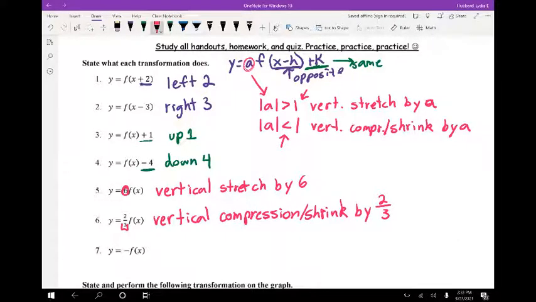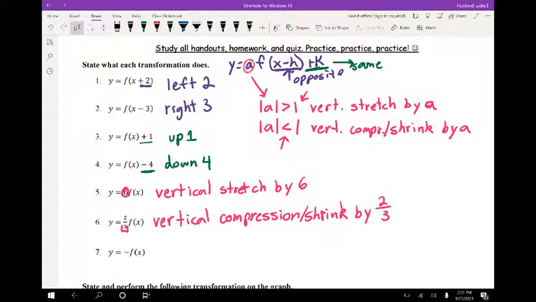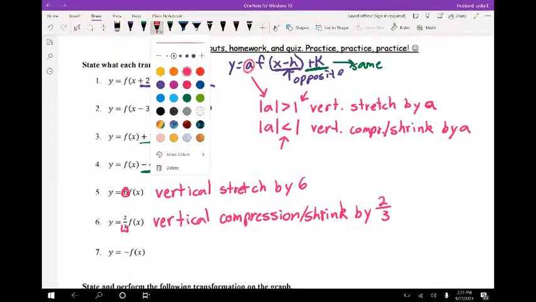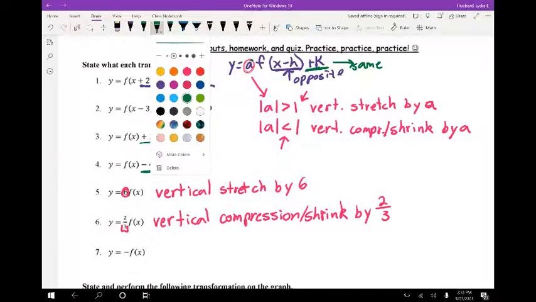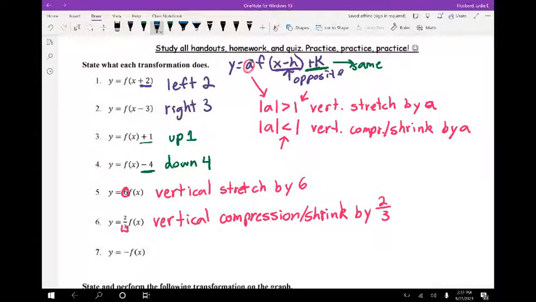That is very important. Now, the only other thing that this a out front does is tell us whether we are reflecting or not. If we have a positive a, that means nothing changes.